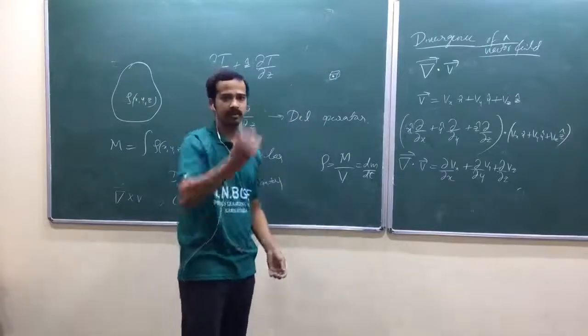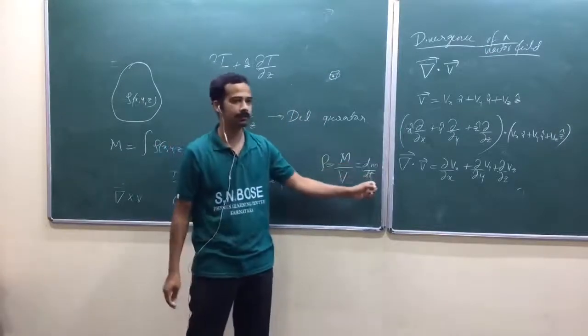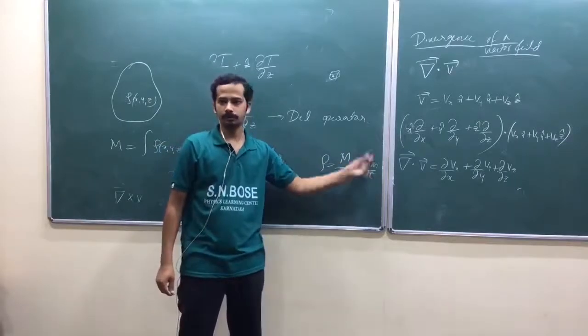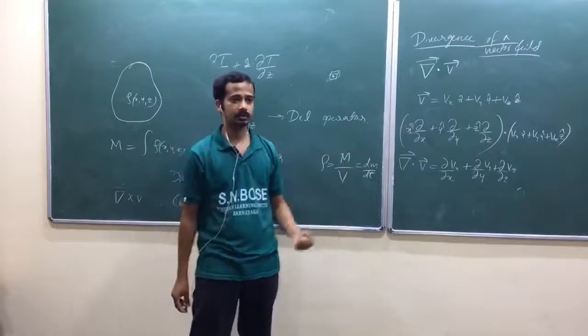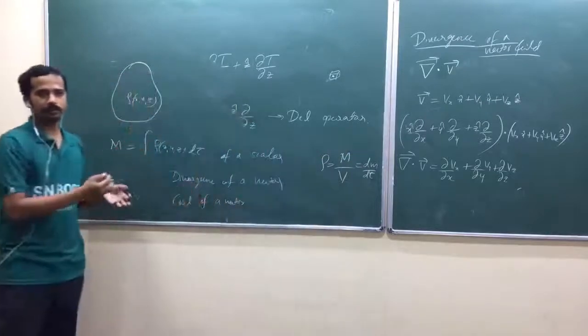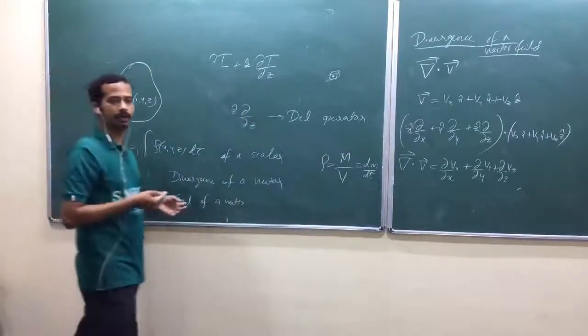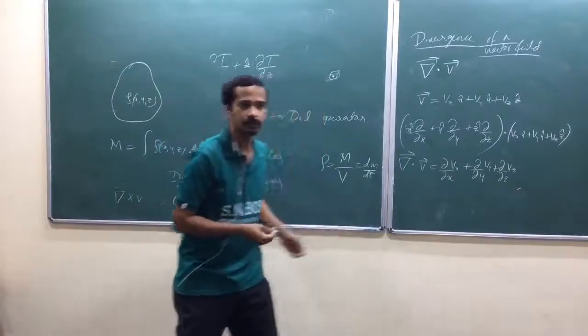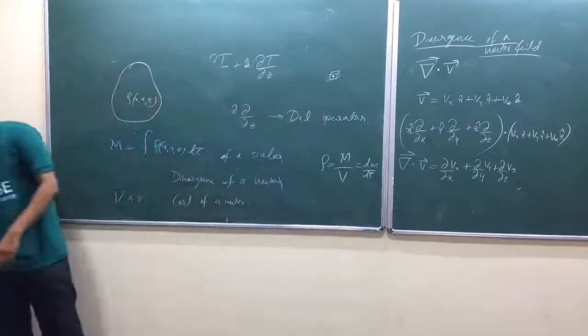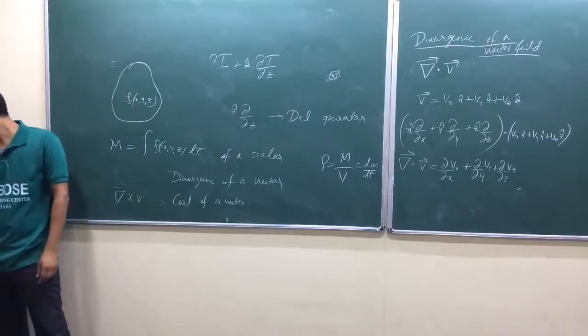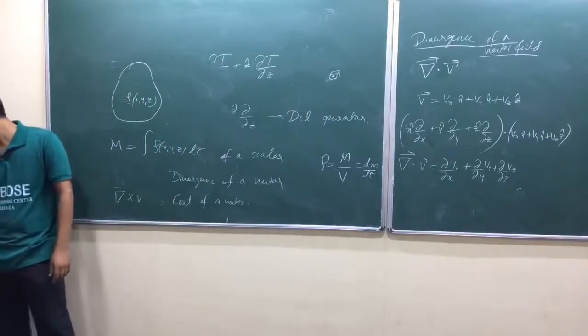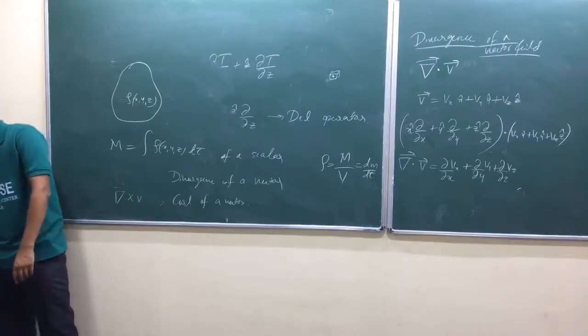Just as small mass divided by small volume is the volume mass density, similarly the amount of flux going outward divided by volume is the flux density.